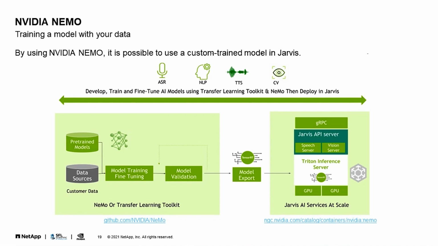After the dataset is ready, the next step is training. In Jarvis, we include all the scripts needed to run this task automatically. At the end of the training, the model is exported with TensorRT and imported in Jarvis. So it's pretty straightforward.